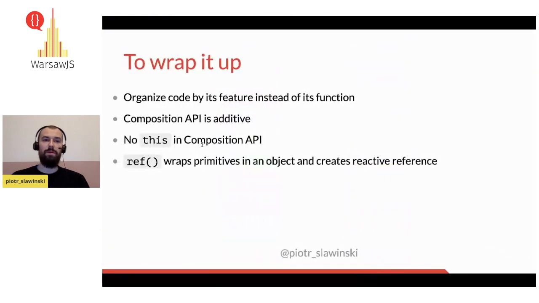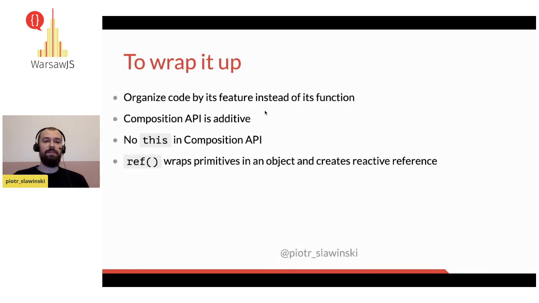So to wrap things up, with Composition API, you can separate your code by its logical concerns and not by its option or function, not in a syntax sense, but in the role of the code, which is, as I said, methods, reactive data, etc. Composition API is additive.